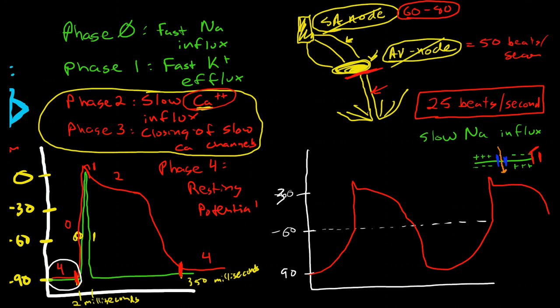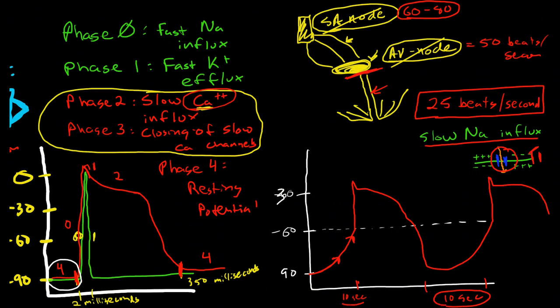So it's the slow sodium influx through these specialized sodium channels that allows the resting potential to slowly work its way up towards the threshold for an action potential. And this is what makes it a pacemaker cell, because this will happen again and again at a set rate, and that will make for a heart rate of about 60 per minute.